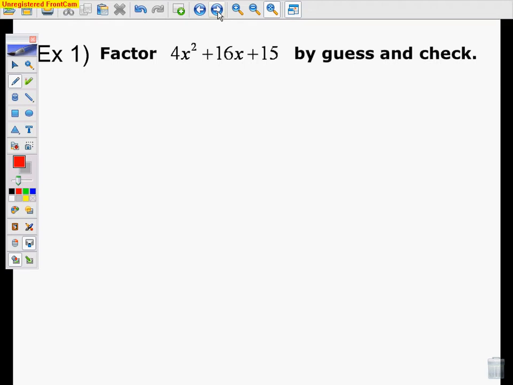So first thing you're going to do, find your a, b, and c. Here, a is 4, b is 16, and c is 15. Like I said in the previous slide, you're going to make two sets of parentheses, and I'm just going to put some little blanks in here.